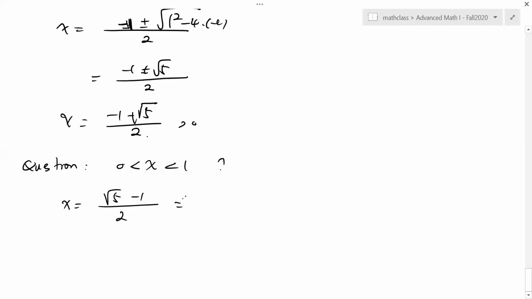I think it's smaller than 1. How do you see that? Well, do you agree with that, right? Square root of 5 is less than square root of 9. Everybody knows that. So it's going to be square root of 9 is 3 minus 1, over 2, so it's 1. So indeed, x is less than 1. Okay? Yeah, this is the best way to check.